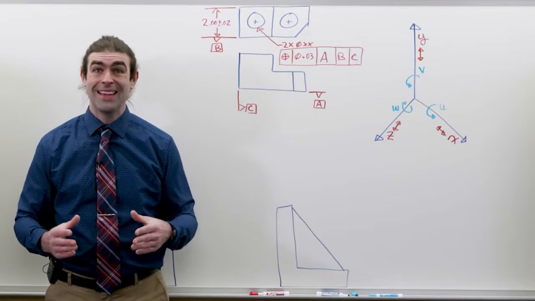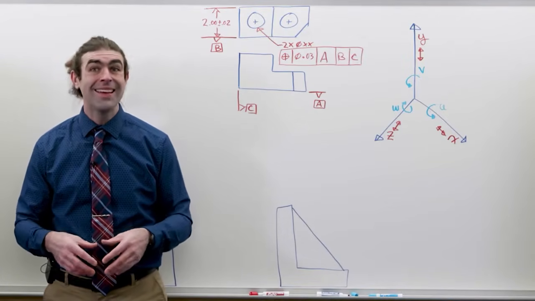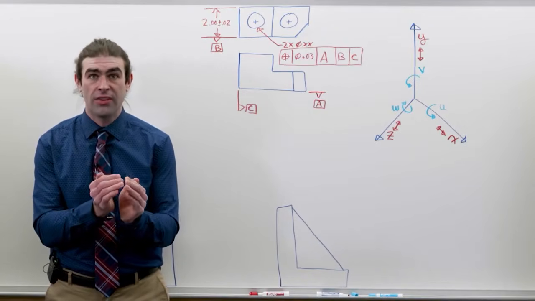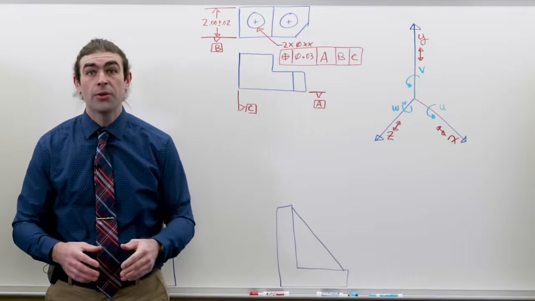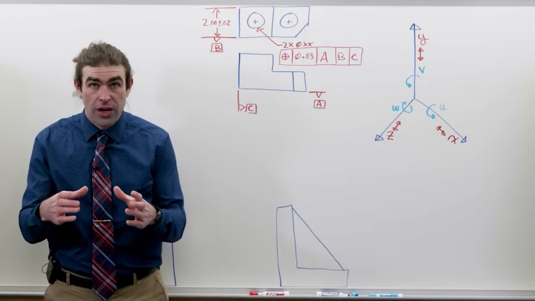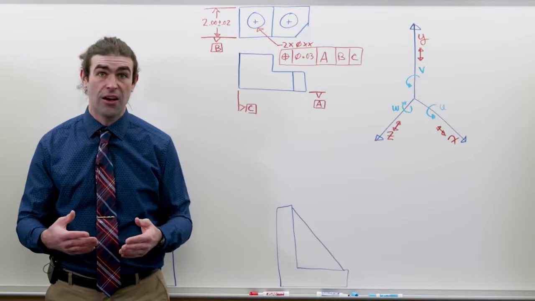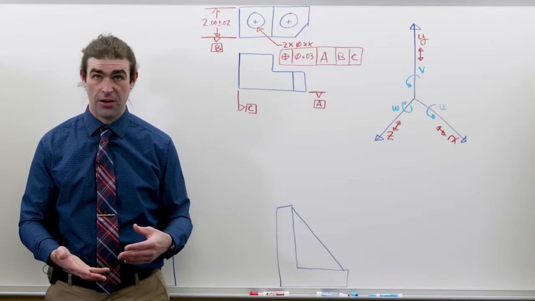If your datum is an external cylinder, the counterpart is an internal cylinder that collapses onto that external cylinder. So imagine a collet or a chuck squeezing onto something. That would establish the axis of that cylindrical datum.